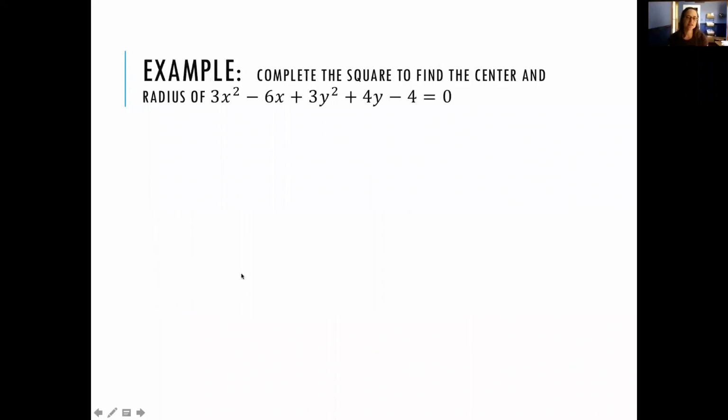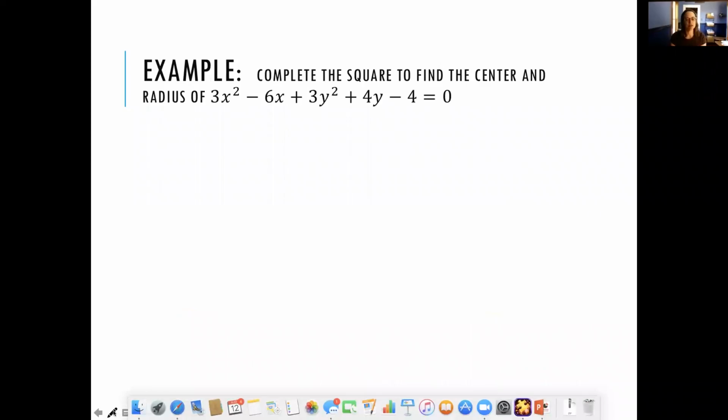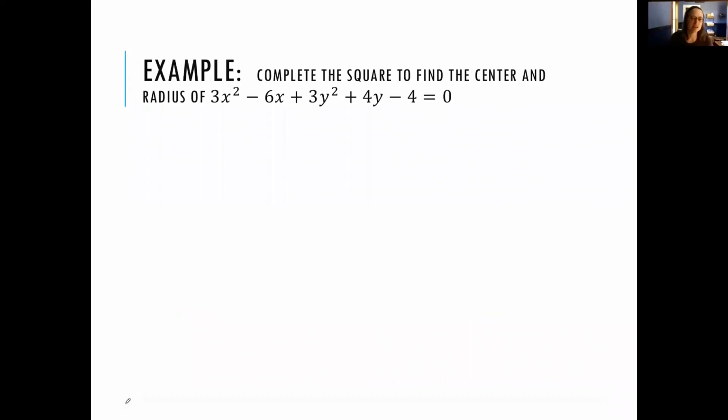All right, so let's do this again. Let's complete the square in order to put this equation in standard form. So what I'm going to do is I gather my x's together. So 3x squared minus 6x.